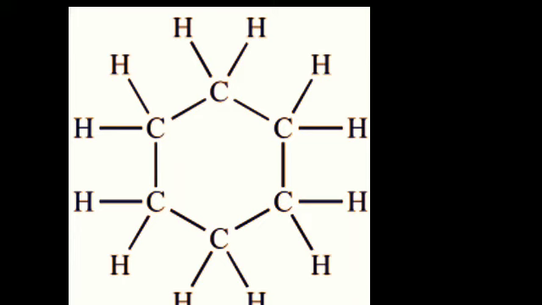For example, the molecular formula of cyclohexane is C6H12 and its structural formula contains a ring of 6 carbon atoms, which is observed in this diagram. This is the structural formula of cyclohexane, C6H12.